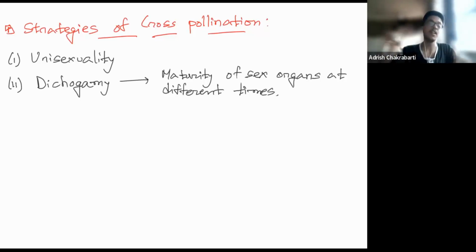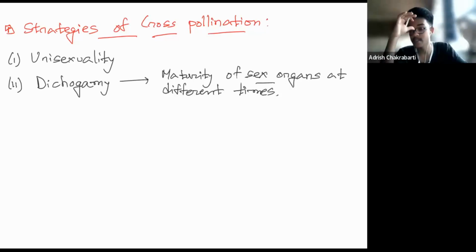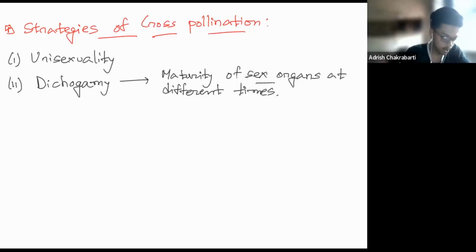But in cross-pollination, a strategy that is used is dichogamy, which is the maturity of the sex organs at different times. In some cases, the male is maturing before the female, and in other cases, the female is maturing before the male. This is a strategy used to prevent self-pollination. It is a strategy which boosts cross-pollination.